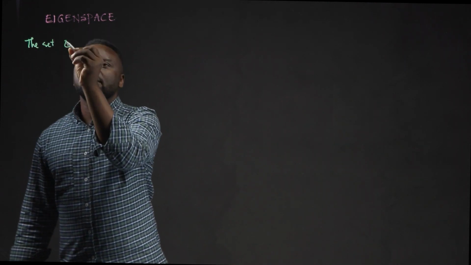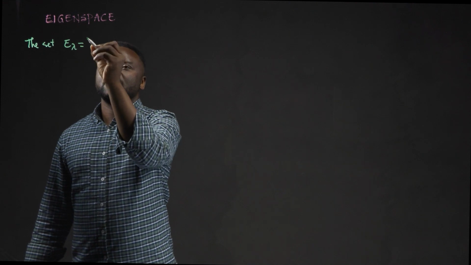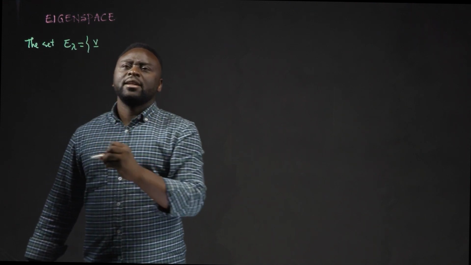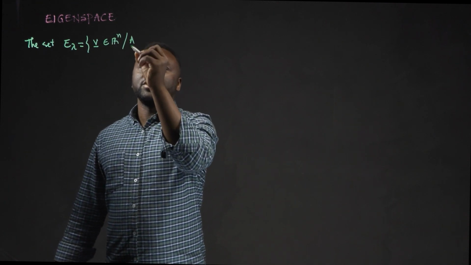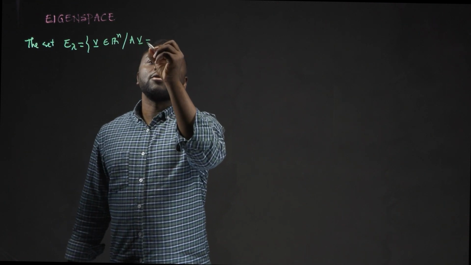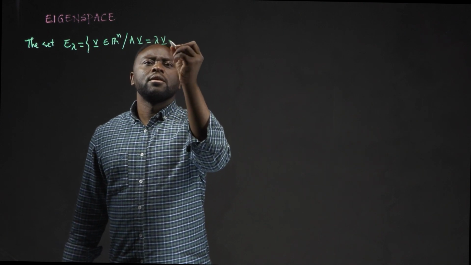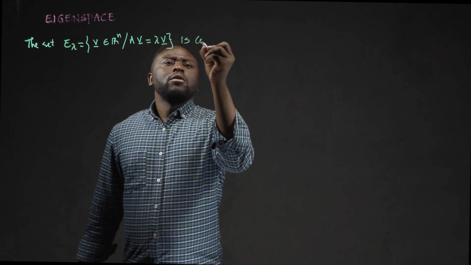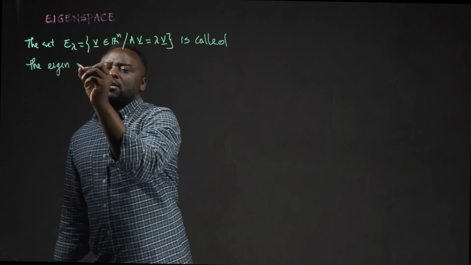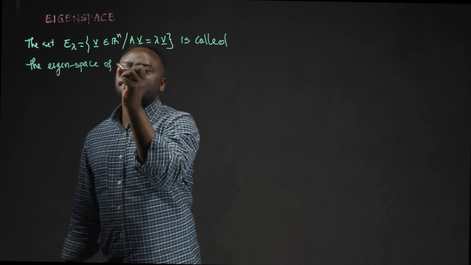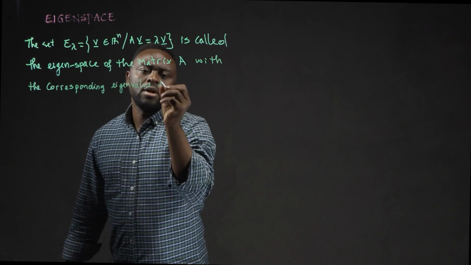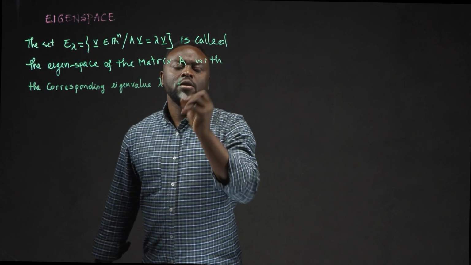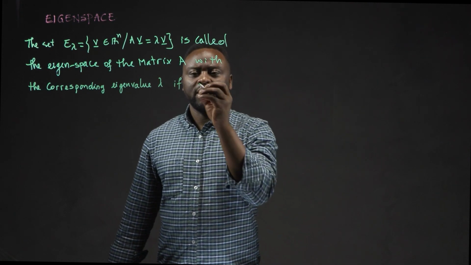So let's consider, by definition, the set E lambda is defined as the vectors V in Rn such that A, the matrix, times V is equal to lambda V. It is called the eigenspace of the matrix A with the corresponding eigenvalue lambda if the following three conditions are satisfied. 1.